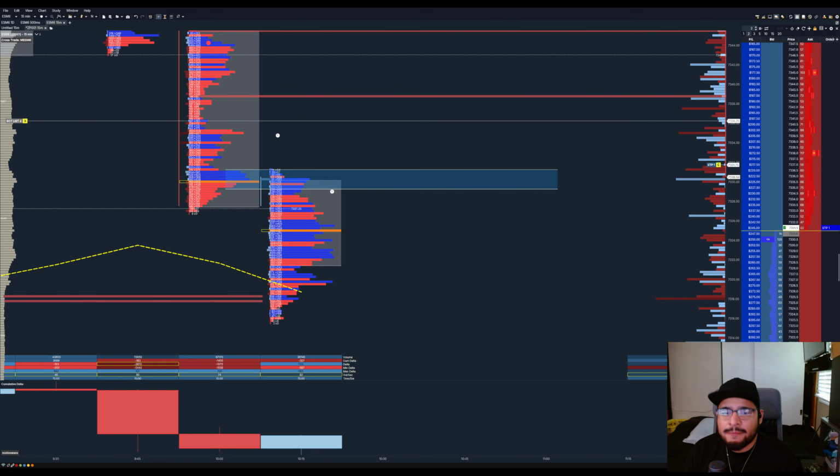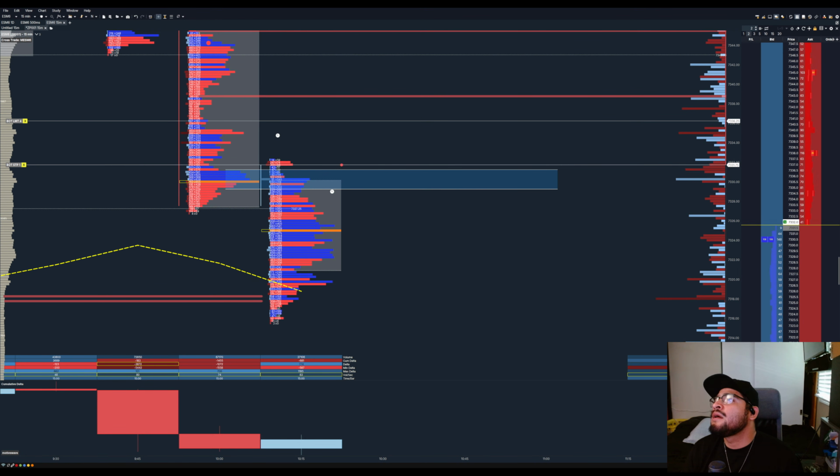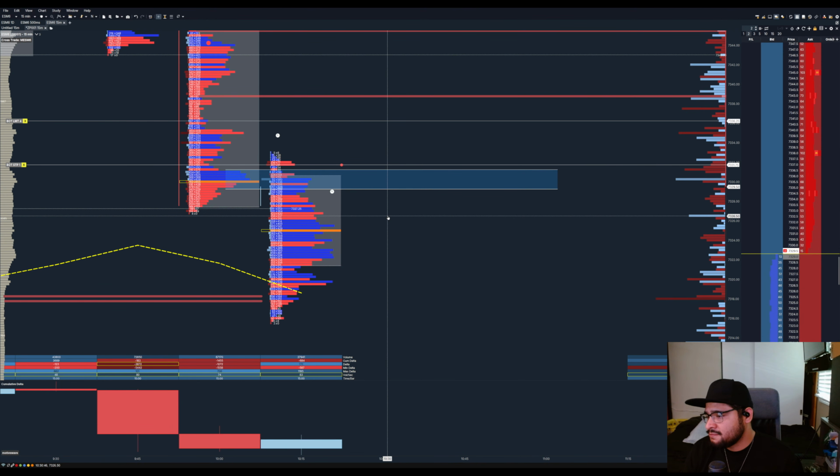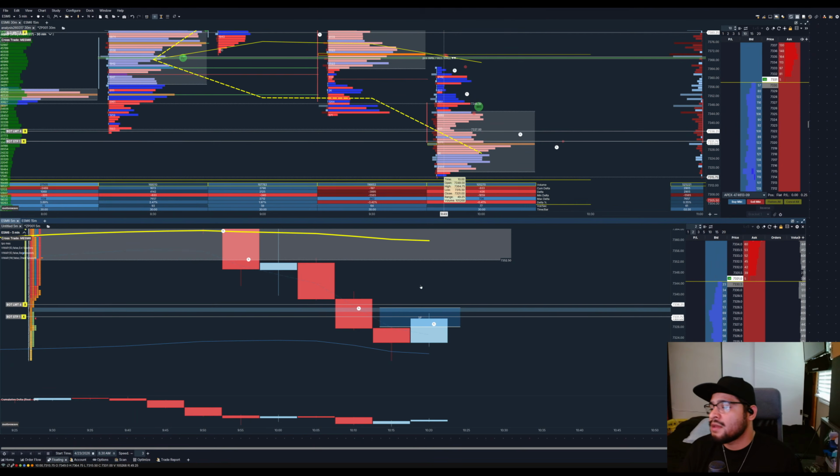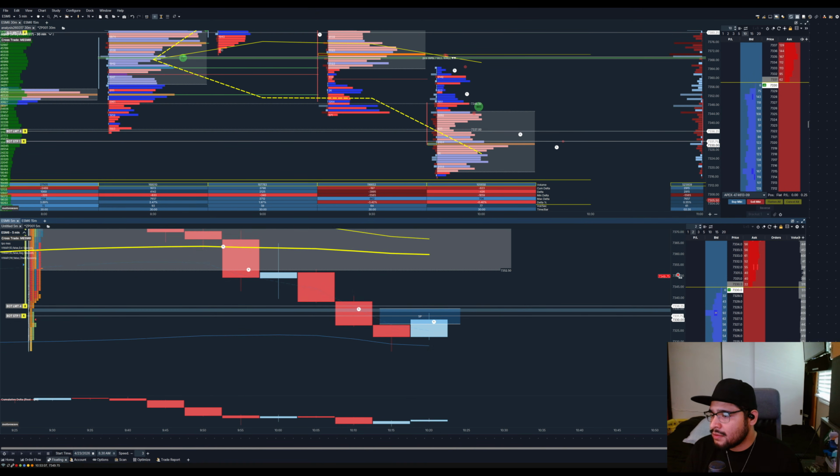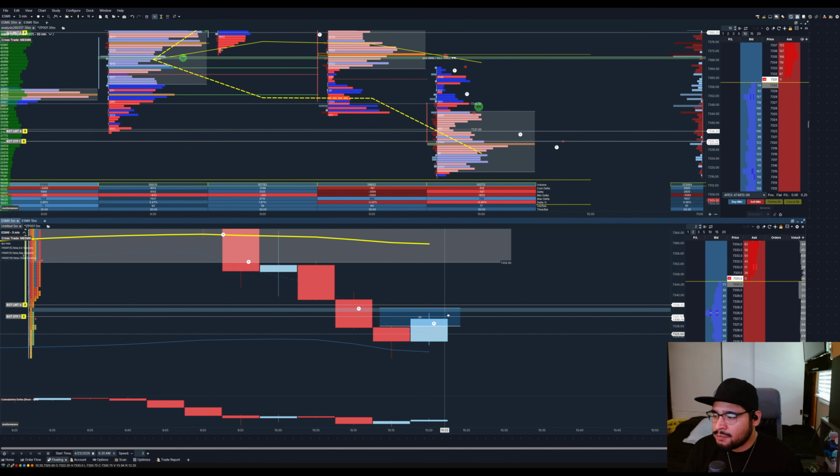But yeah, we tapped my stop loss here. We went above this 15-minute point of control node. We tapped above it. And on the 5-minute candles, we finally broke above the 5-minute high, and we're repairing the single print area.